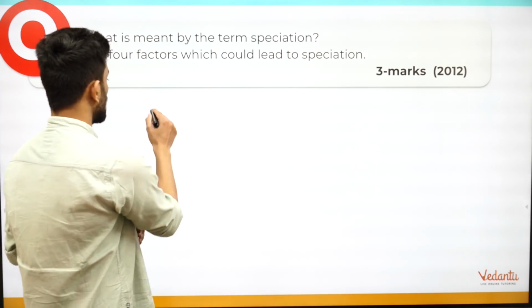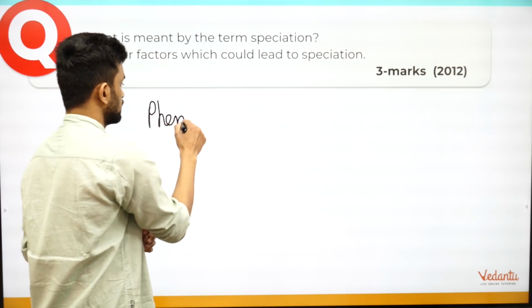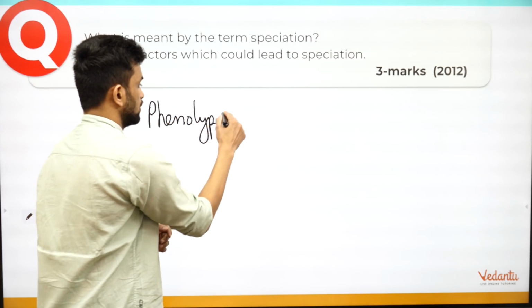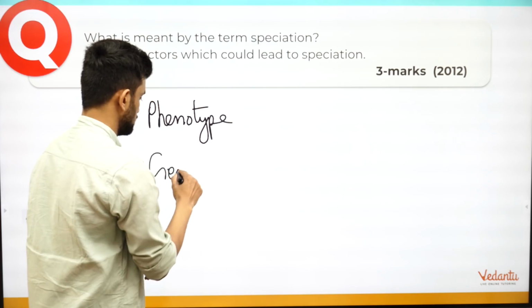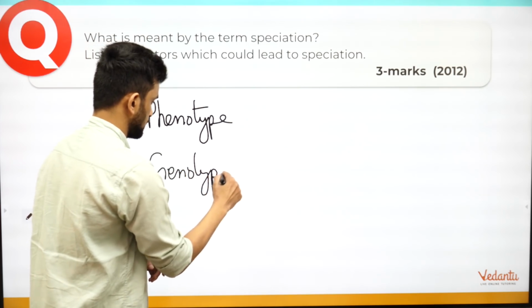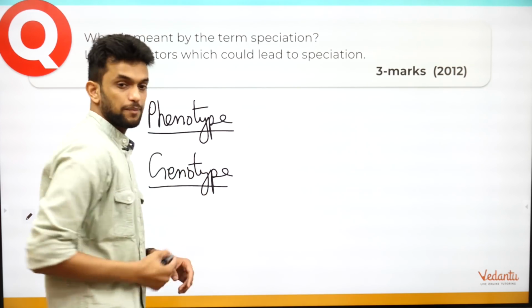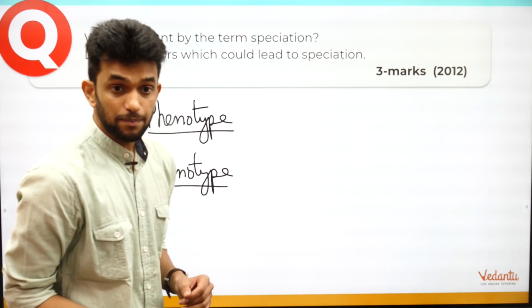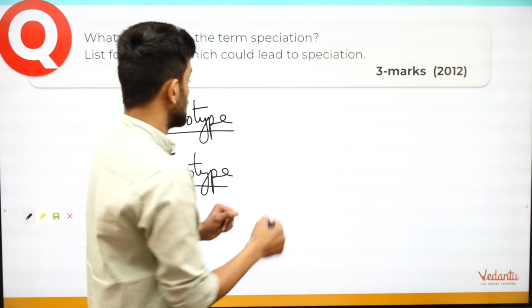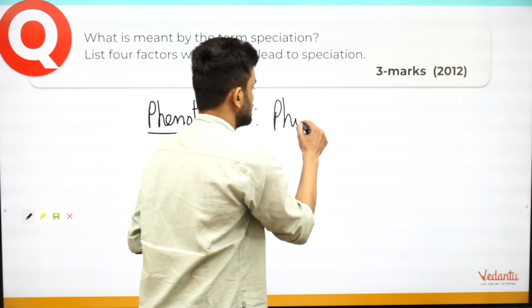Now, people talk about what is phenotype and genotype. What is phenotype and genotype?